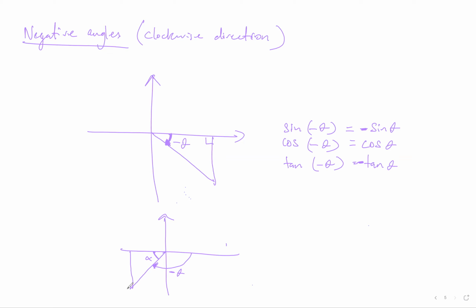If you're in this quadrant, only tangent theta is positive. Sine or cosine will give me a negative ratio. Can?